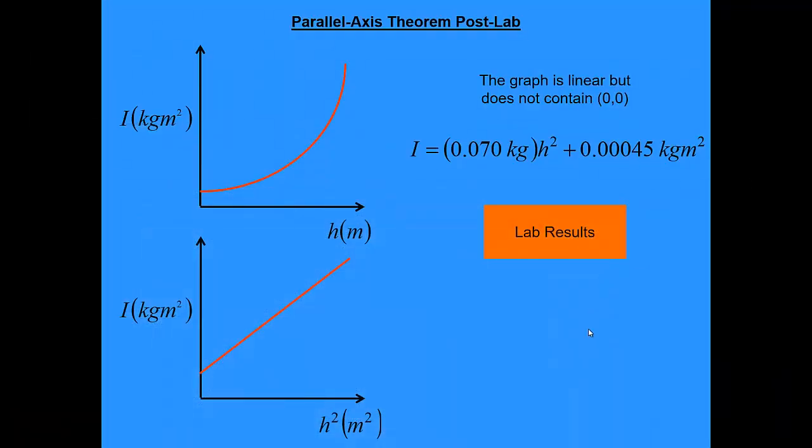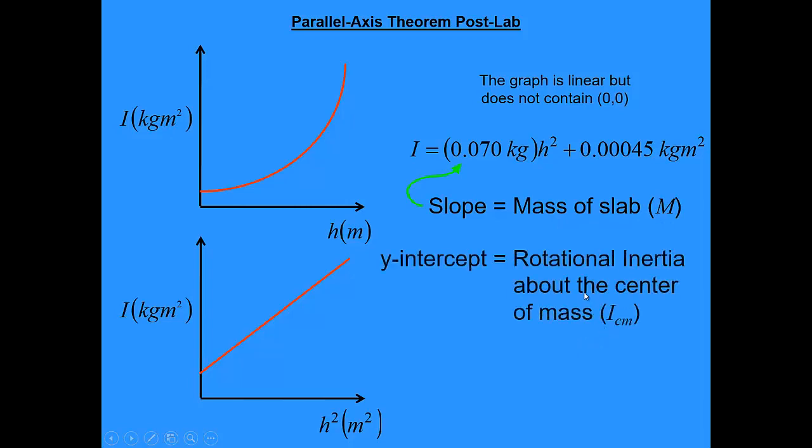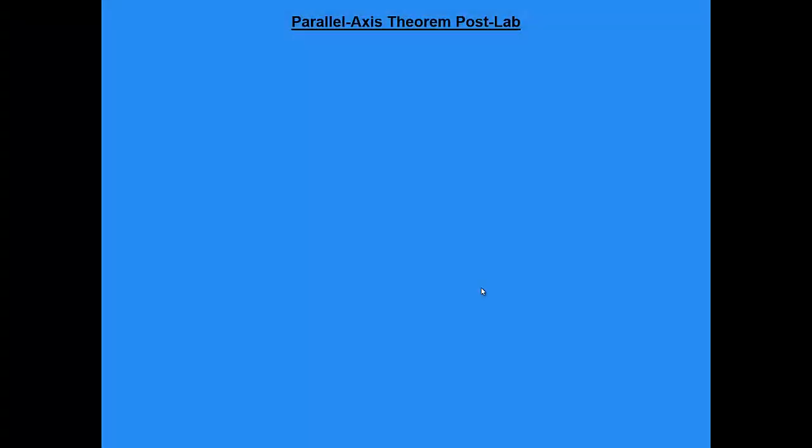So if we go back here and we realize that the slope is the mass of the slab, which we called capital M, and the y-intercept is the rotational inertia about the center of mass, which we would call I sub cm for center of mass, and we plug that in right there, we get a math model that looks like this: the rotational inertia about any axis parallel to one through the center of mass is mh squared plus the rotational inertia of the center of mass, around the center of mass.